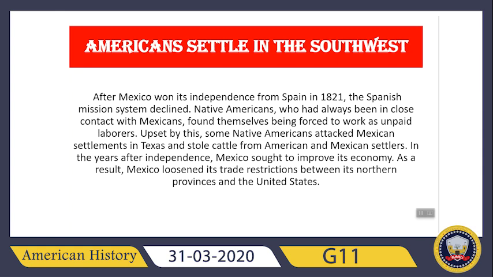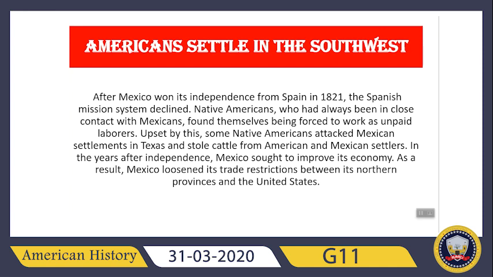Upset by this, some Native Americans attacked Mexican settlements in Texas and stole cattle from American and Mexican settlers, because they were forced to work unpaid. In the years after independence, Mexico sought to improve its economy.